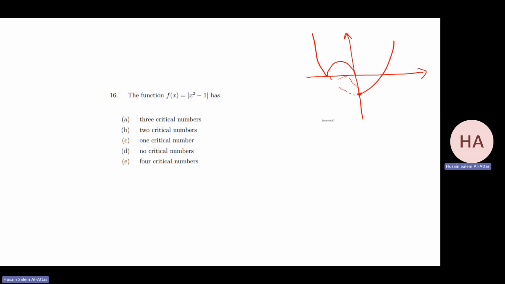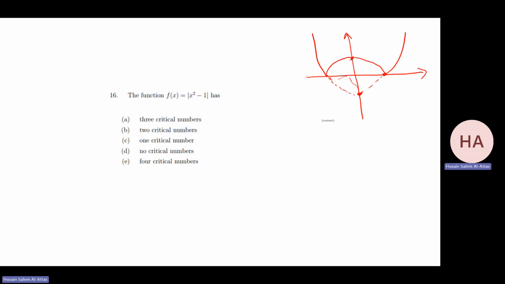The negative part, I'll make it like this. And the same thing here. And the negative part will be doing something like this. No, sorry. This is like this. Similar to this. And this is like this.